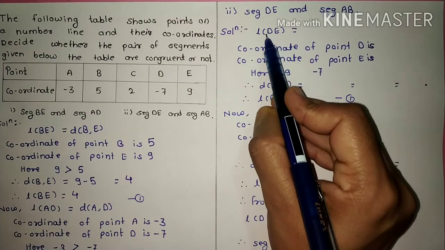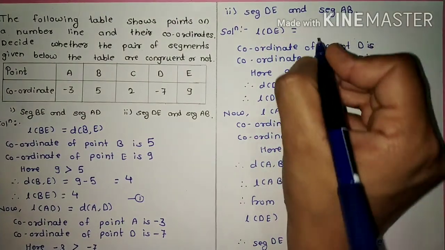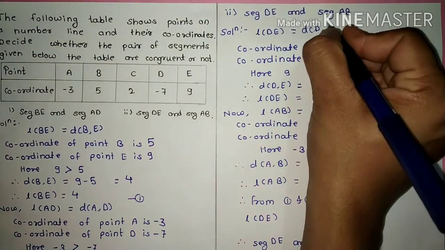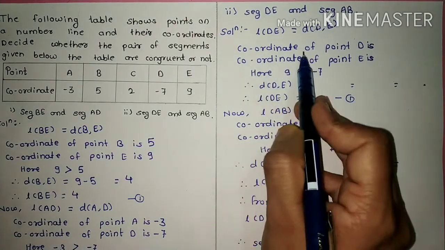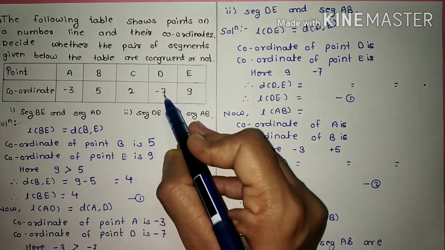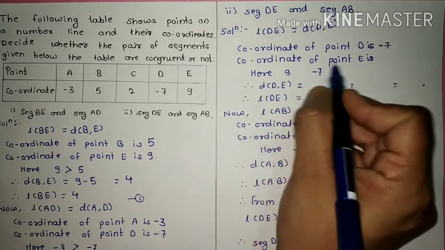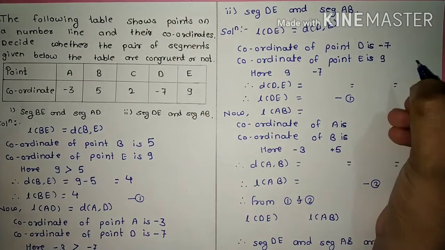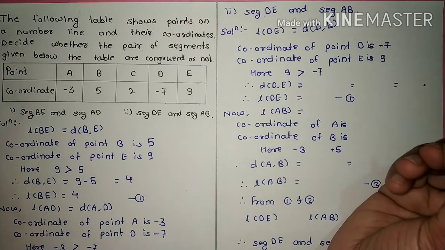Therefore first we have to find length of DE. Length of DE is distance between point D, E. First find out coordinate of point D. Coordinate of point D is -7. Coordinate of point E is 9. Here 9 greater than -7.